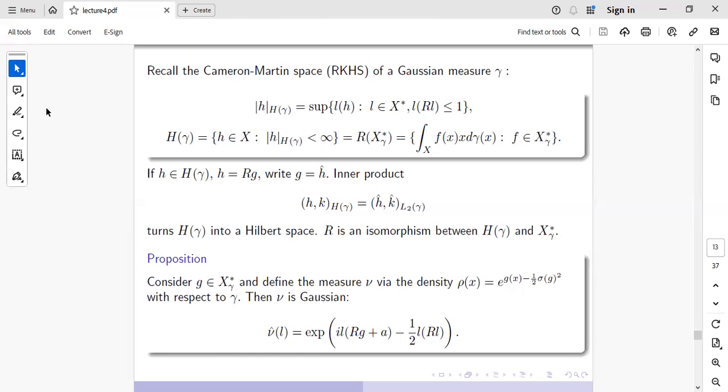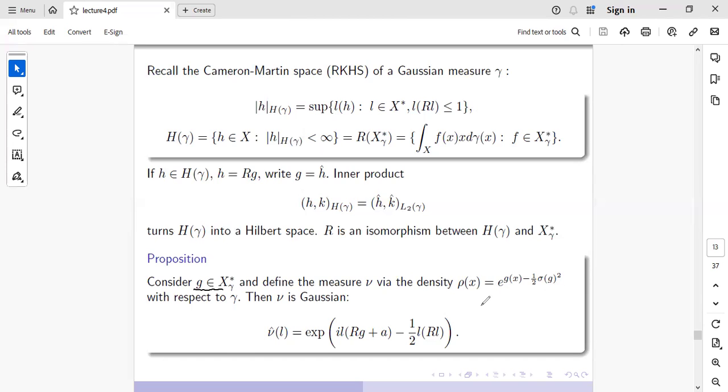Now we will study the question about shifts of Gaussian measures. So let g belong to the space X*_γ. We know that g is a centered Gaussian random variable with variance denoted σ_g.